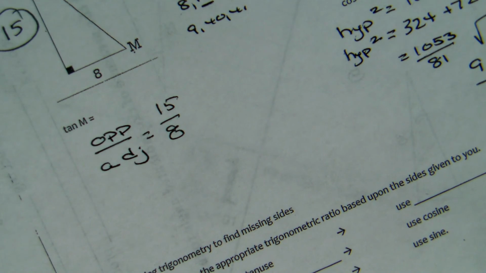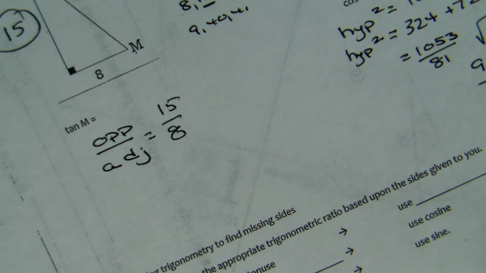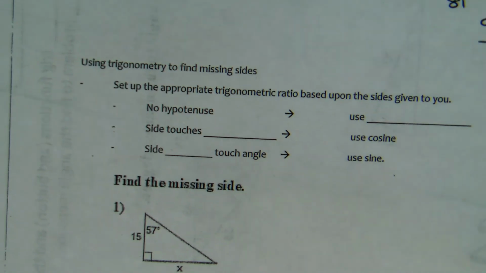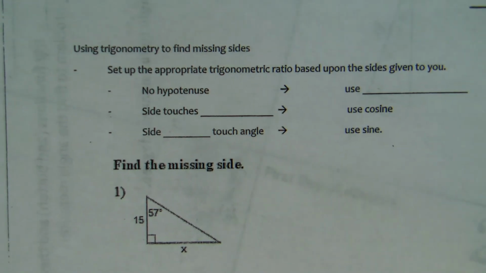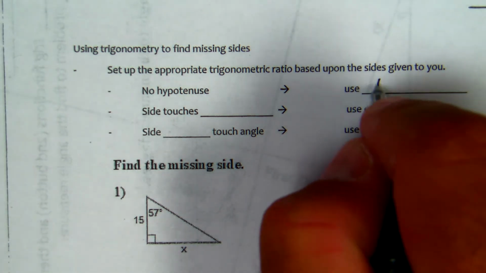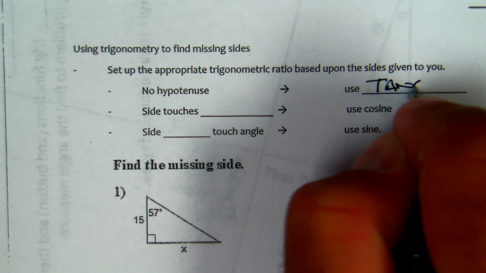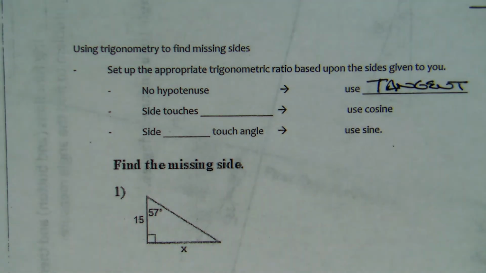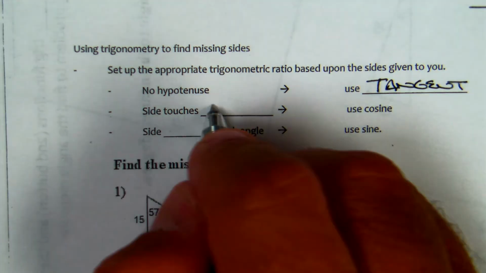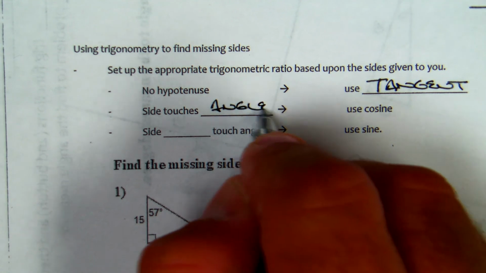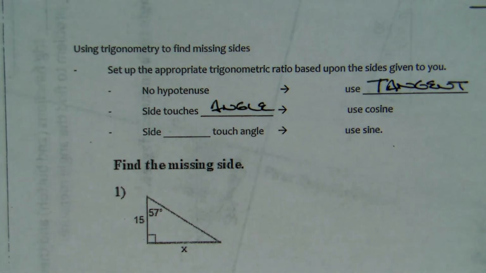Okay, so up next is using trig to find missing sides. You set up the appropriate trig ratio based upon the sides given to you. When they do not give you the hypotenuse, you know it's going to be tangent, and then you set up your tangent ratio. If the side touches the angle, then we're going to use cosine because that's the adjacent.